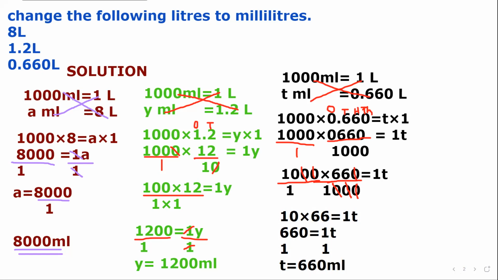Now let me bring my division sign here. Divide here by the number so that the t will be free. Okay, therefore the t is what? 660 mils. Are you okay? Good. Now aside from this, we have the shortcut to calculate the other ones. So let's try the other one here.